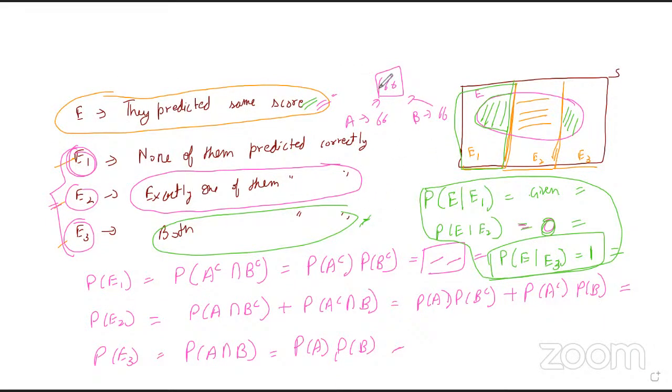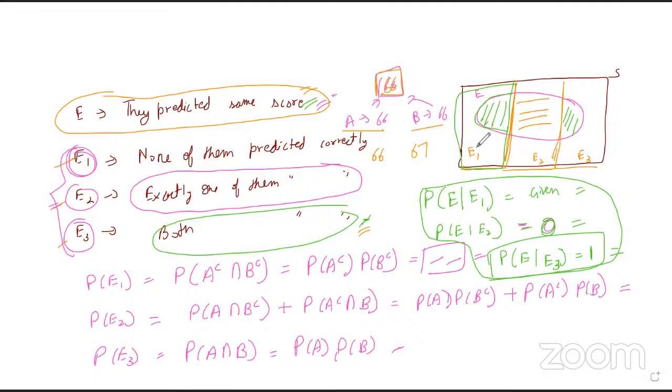Now suppose the correct prediction is 66. Both predicted correctly means A has predicted 66 and B has also predicted 66, right? Then it's definitely the same. If suppose A has predicted 66 and B has predicted 67, then both of them cannot be correct. So that's why it must be the same. It's a certain event, right?